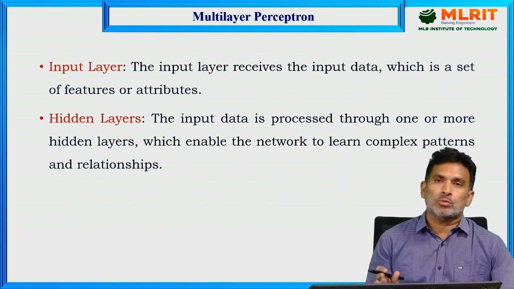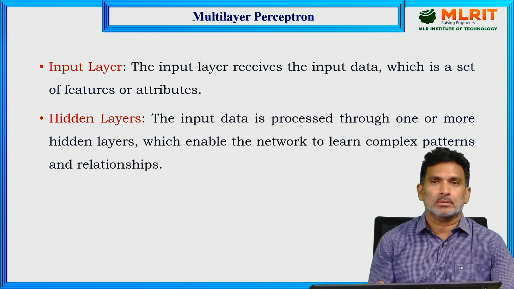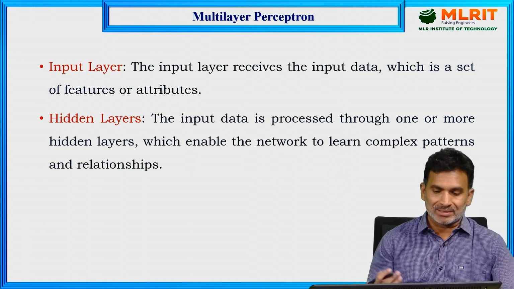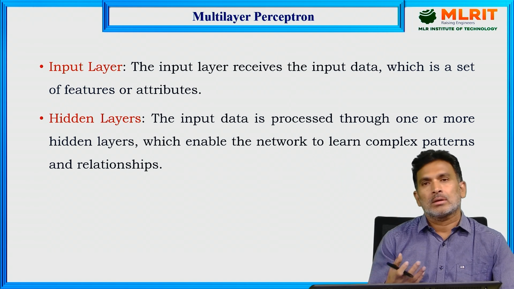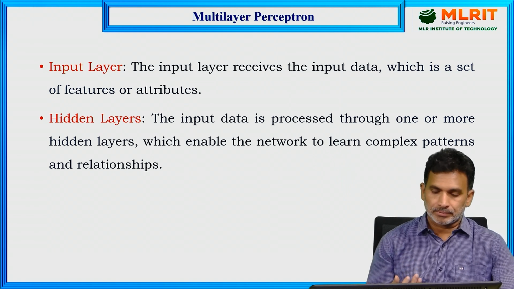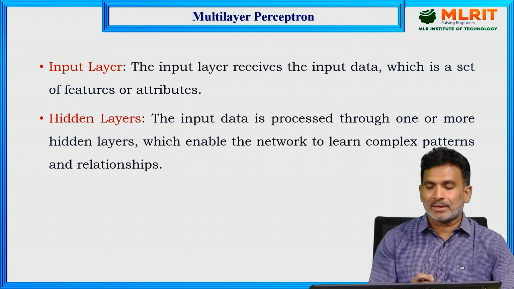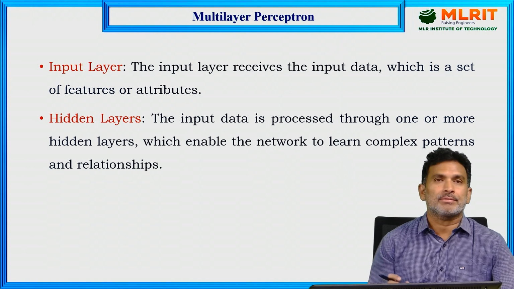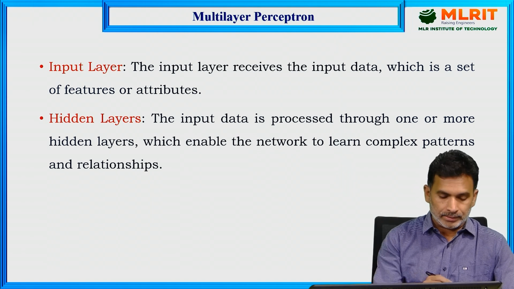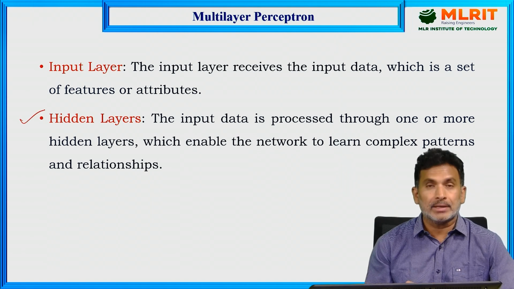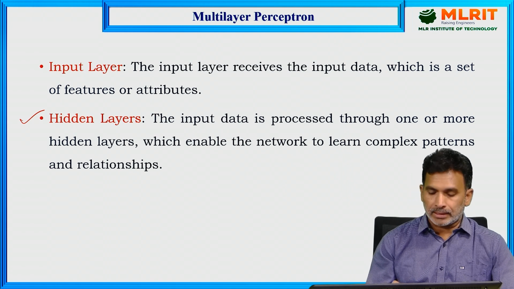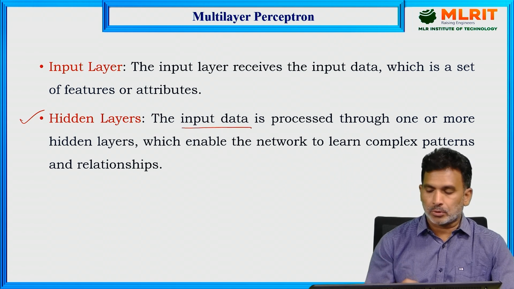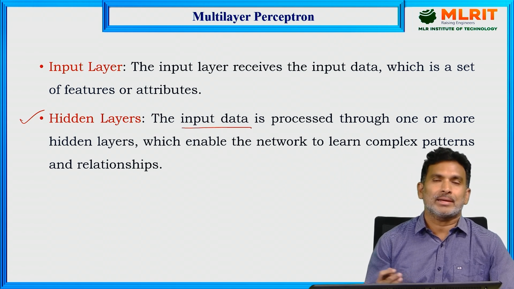And if you look at the overview of this multi-layer perceptron, it also needs an input layer to take the input, the set of features. This input layer receives the input data, which is a set of features or attributes. And then another important thing is the hidden layer. The input data is processed through one or more hidden layers.